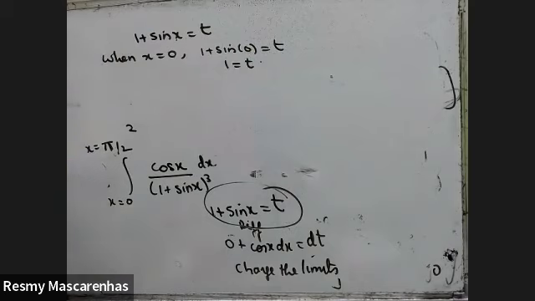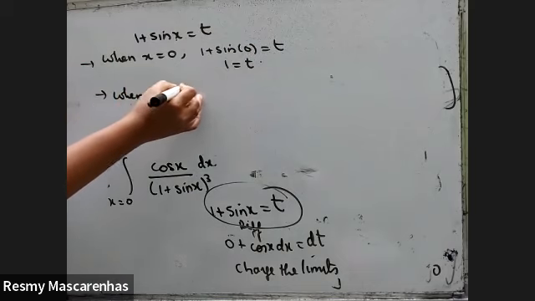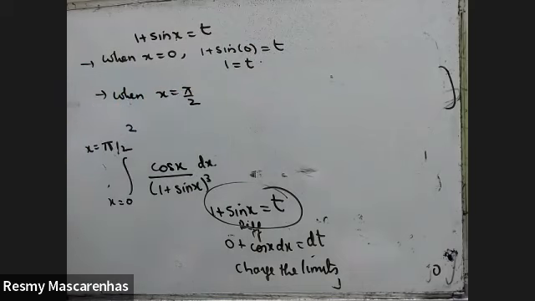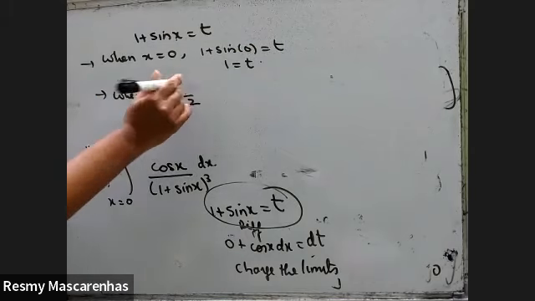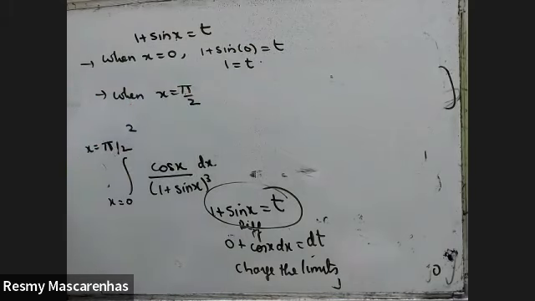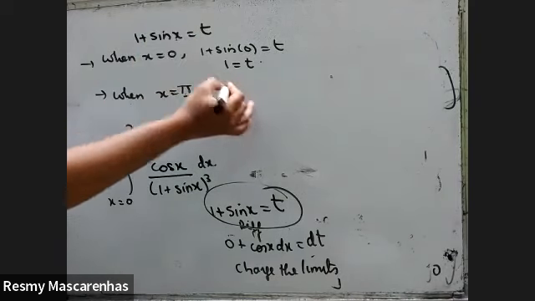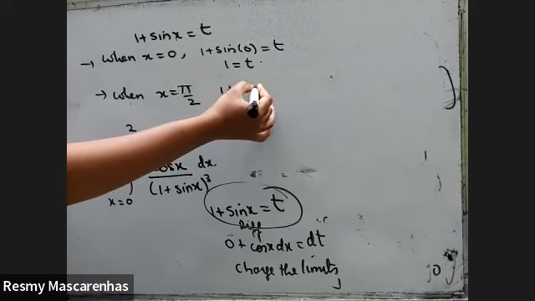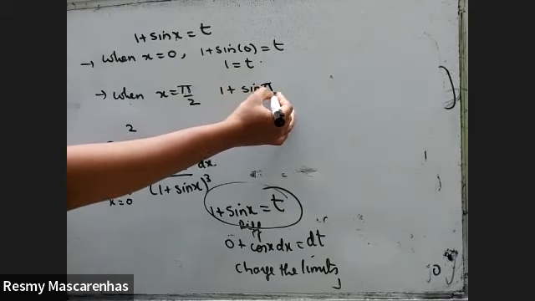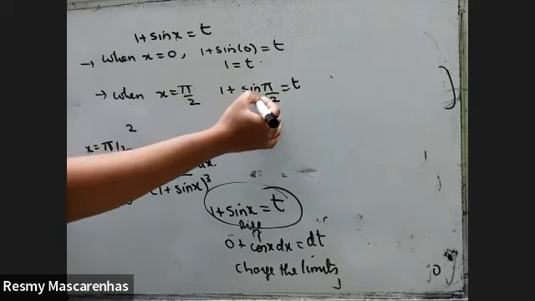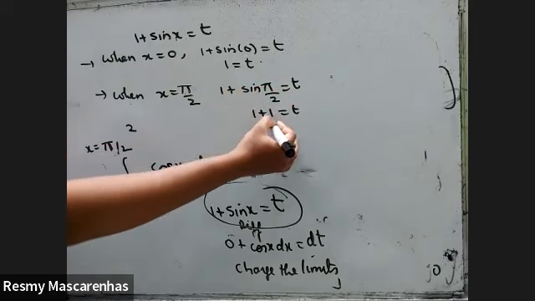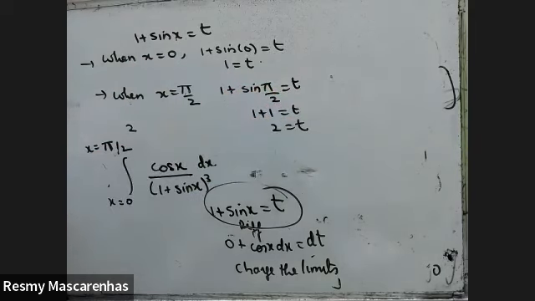Now same way, next one, try when x is pi by 2. Put pi by 2 here and see. You know that sin pi by 2 is 1, so t is 2. So we got the limits.